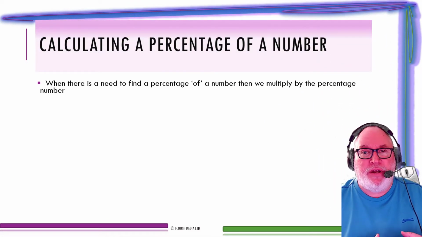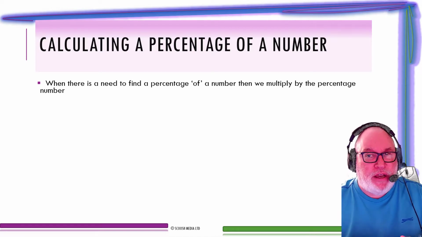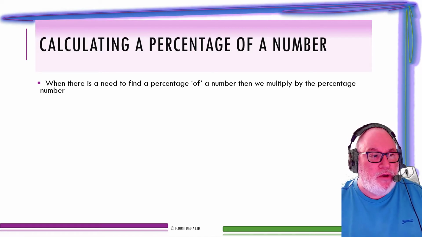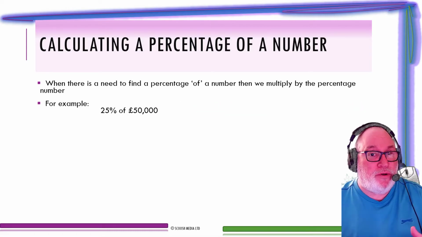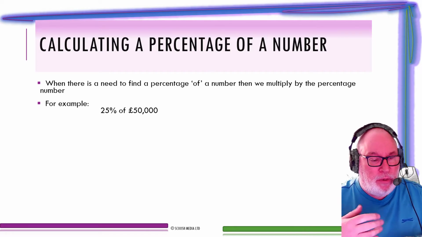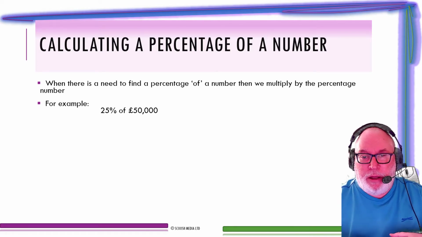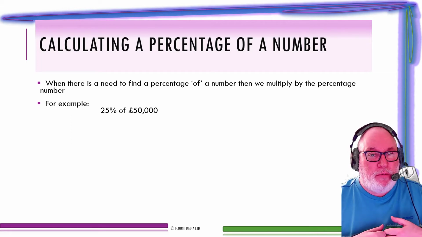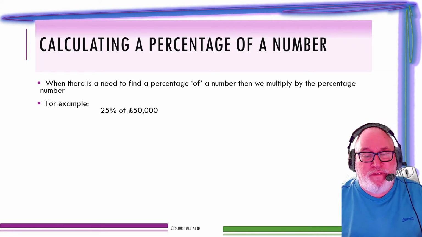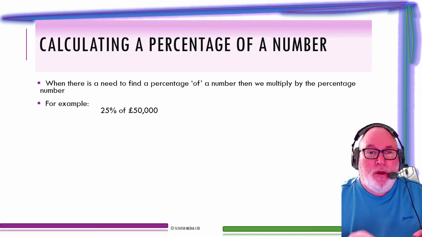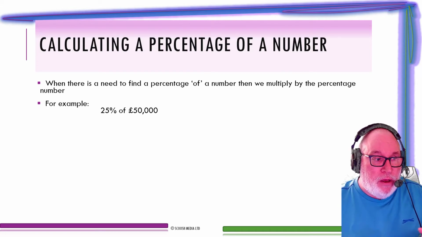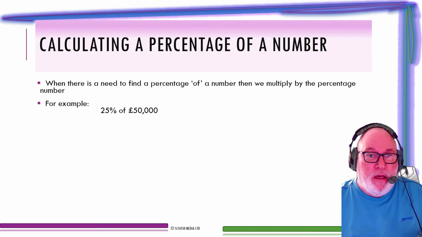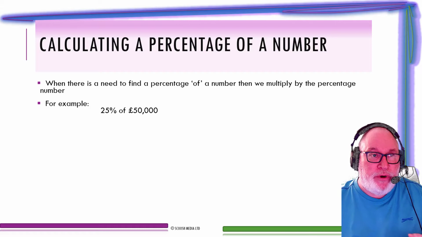If we need to see how much of a percentage of this is that, we multiply it out. So for example, 25% of £50,000. Again, it could be dollars, pints, camels, kangaroos, anything at all. Now we know that 25% is a quarter, and converting that into a decimal is 0.25.